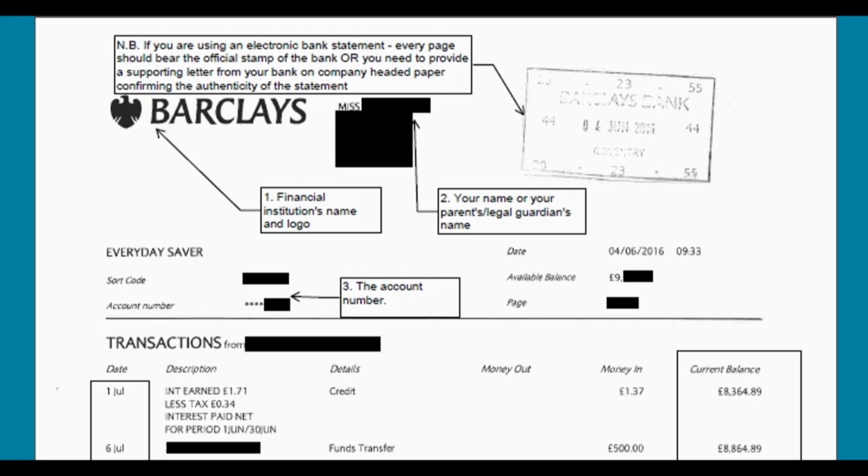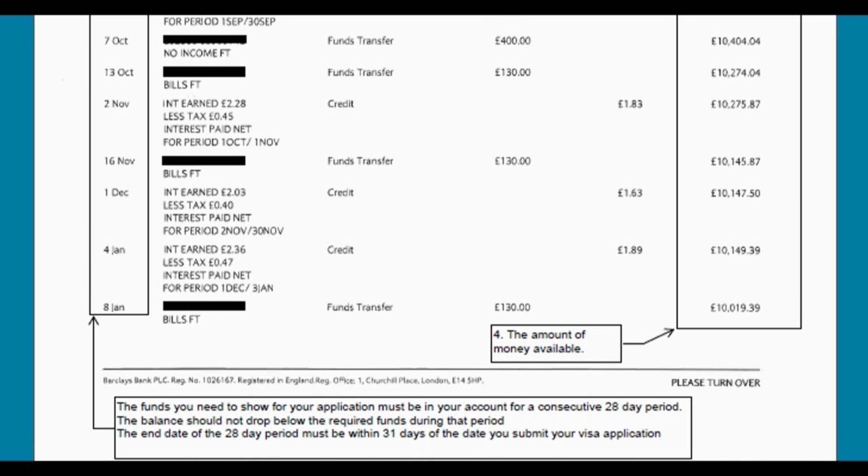It must have the balance available, and it's got a transaction history there which covers a period of more than 28 days, and the amount that UK Visas and Immigration will consider is the lowest balance that you have held in the account for the previous 28 days.